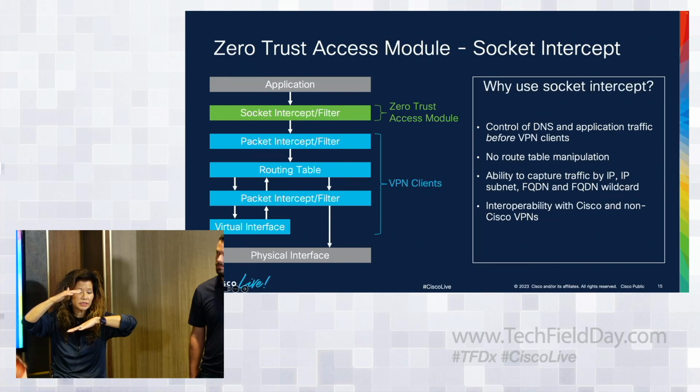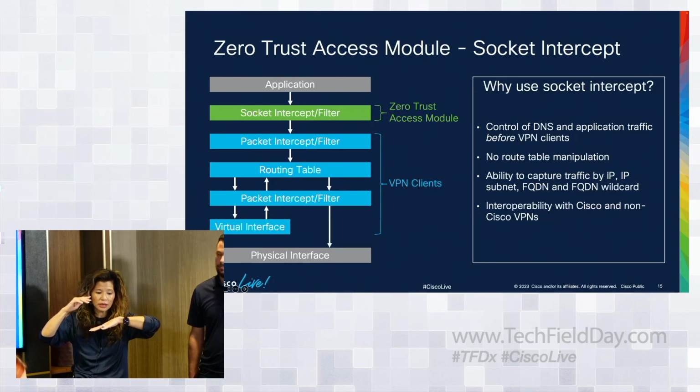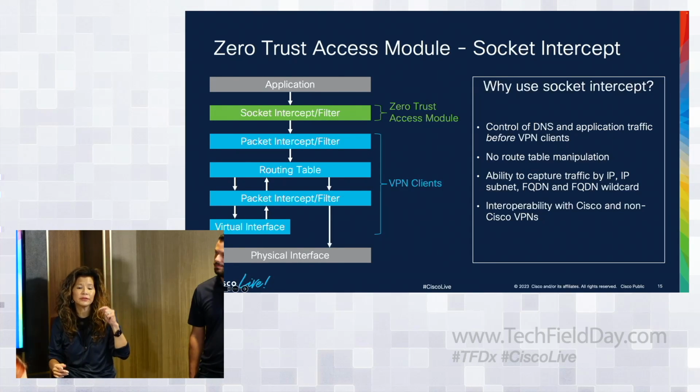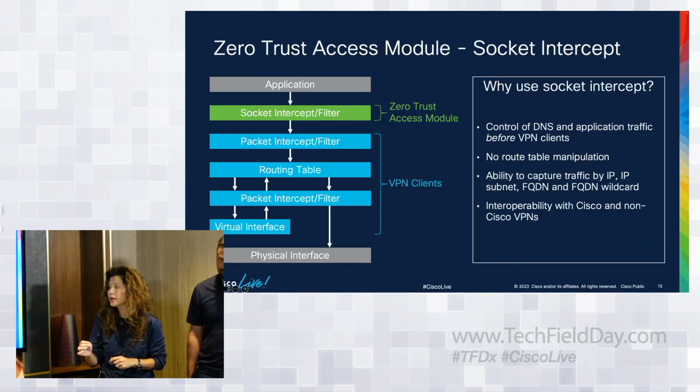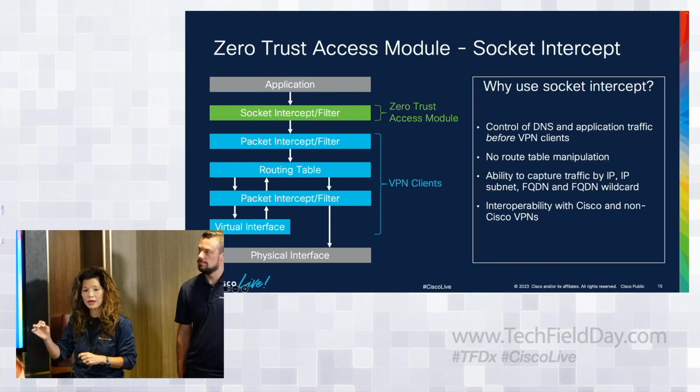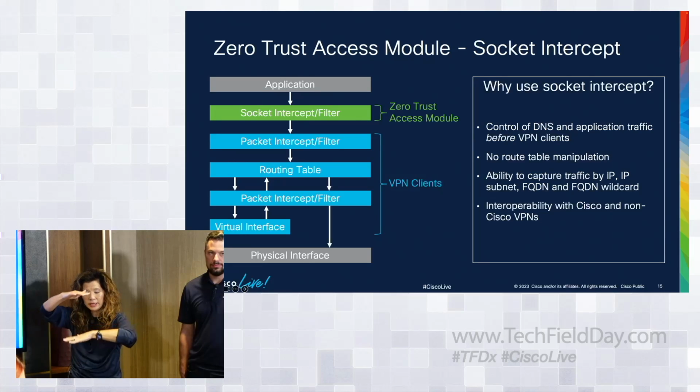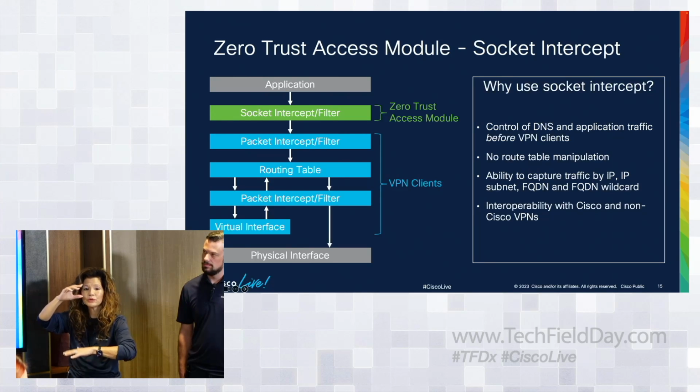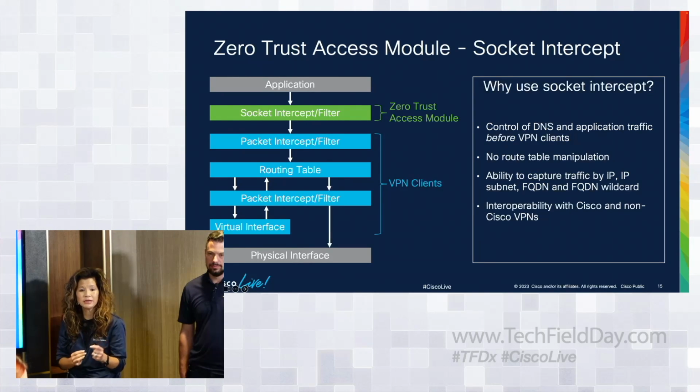So why is this important? Now that we're intercepting traffic at the socket level, we have the ability to control DNS and any kind of application traffic before it gets further down the stack towards VPN. And with this, we're not manipulating any routes.